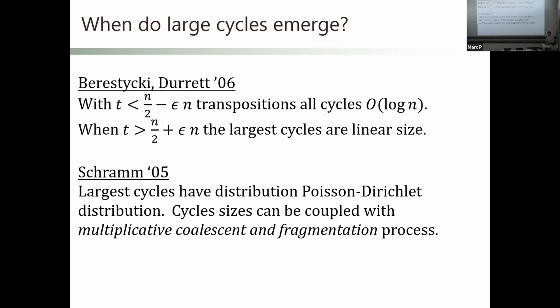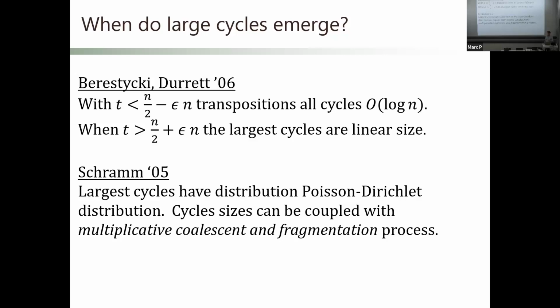And so you can look at the cycle sizes and couple it with what's called a multiplicative coalescent and fragmentation process. This is a process where you have a set of masses that can either merge together or break apart. And the rates at which they do that are multiplicative. So if you have masses of size p and q, they'll merge together at rate p times q.